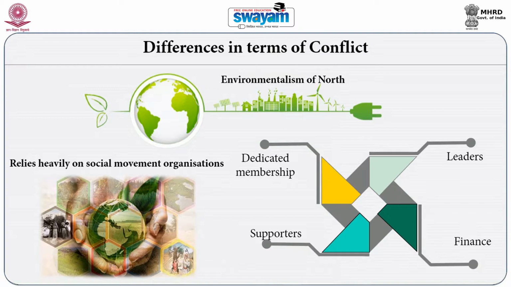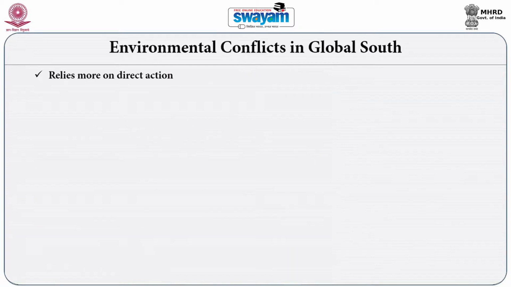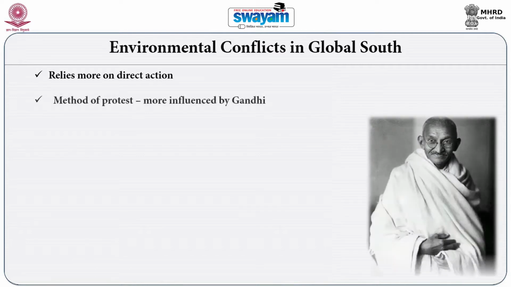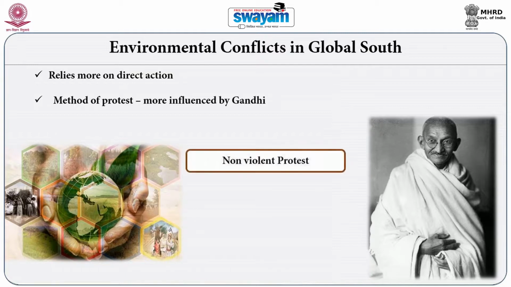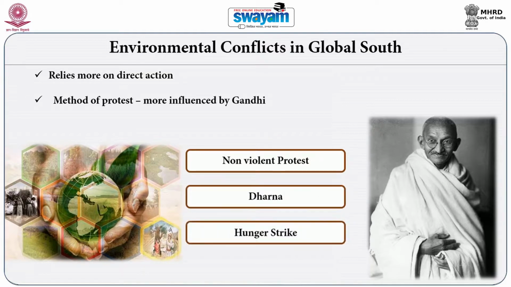So in that sense, environmental movement organizations, social movement organizations, play a great role in environmental movements in the global north. Whereas when we come to the global south, we find that environmental movements rely more on direct action. They rely more on direct confrontation. The methods of protest in the environmentalism of the global south rely more on Gandhian techniques of protest. They are more non-violent, like dharna, padayatra, or satyagraha.